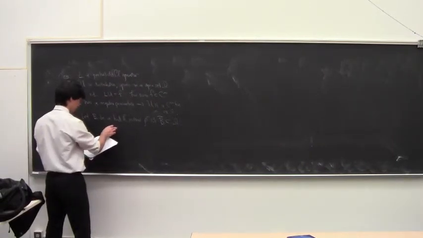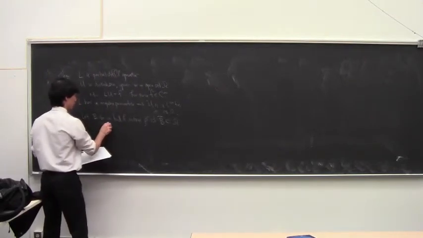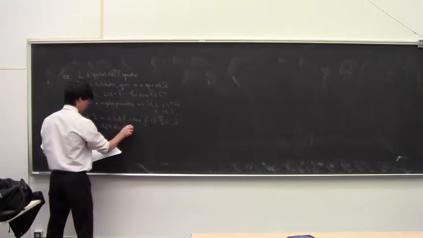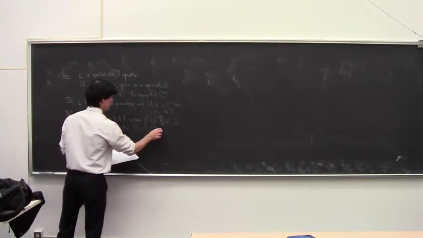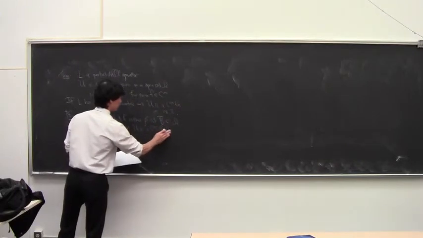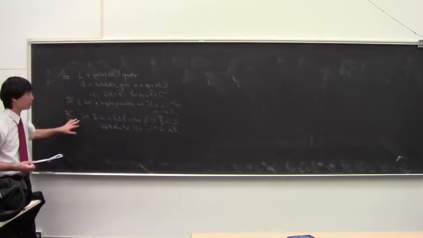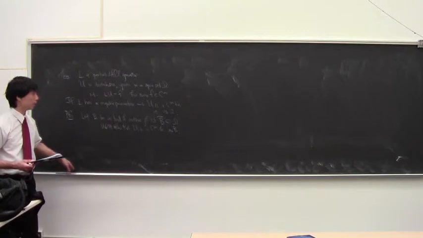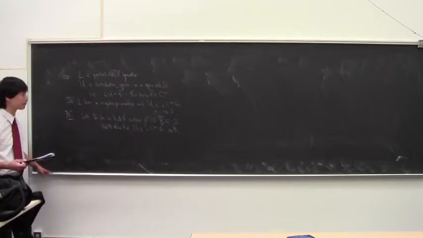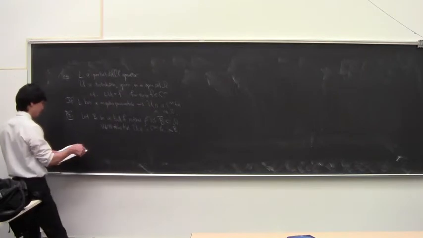We'll show that u is a C-infinity function on B. So we'll show that basically for any ball whose closure is in omega, u is a C-infinity function on that ball. So here's how we do it.